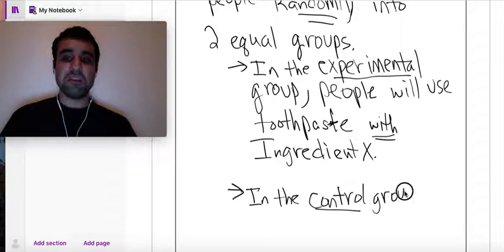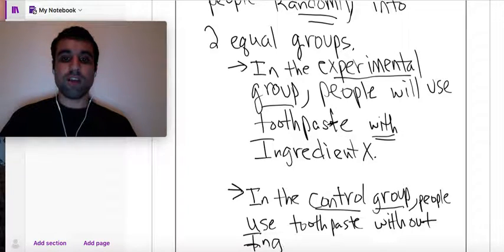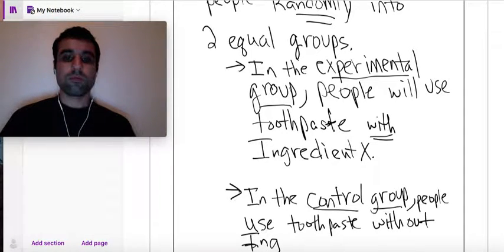Let's say 10 in each group. People use toothpaste without ingredient X, the magical ingredient X, whatever it's supposed to do. I have no clue. I'm running out of space.